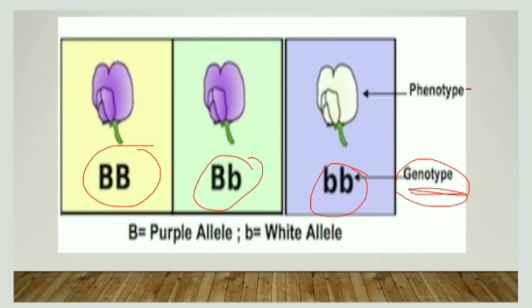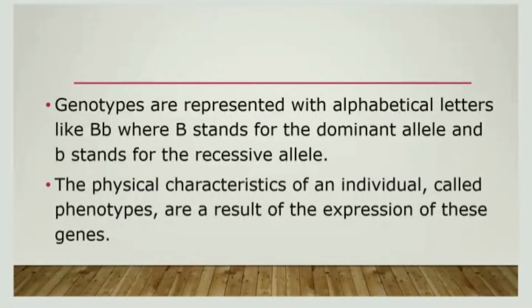You have to keep in mind that one gene will have two alleles. As you have seen in the earlier diagram, genotypes are represented using alphabets. For example, as we have discussed, a capital B and a small b.